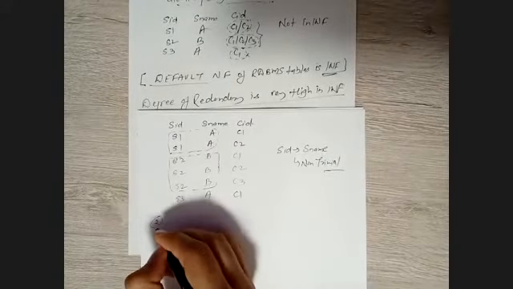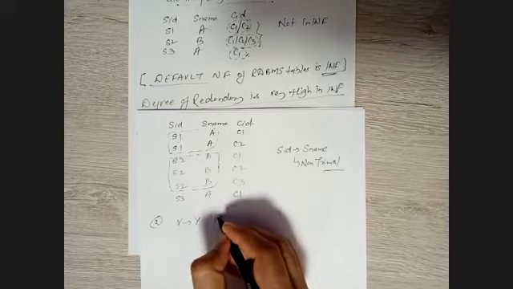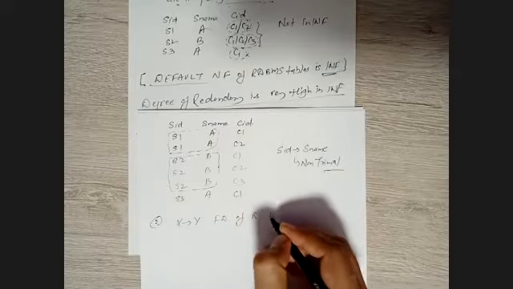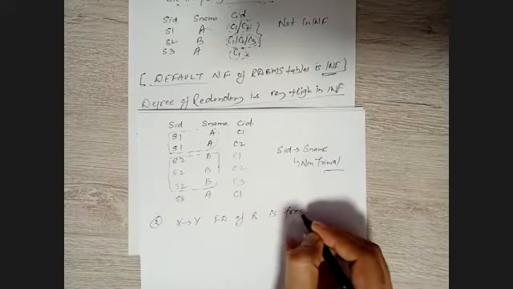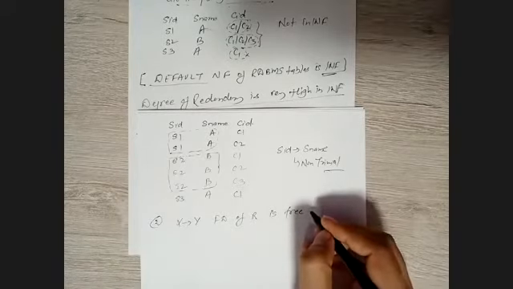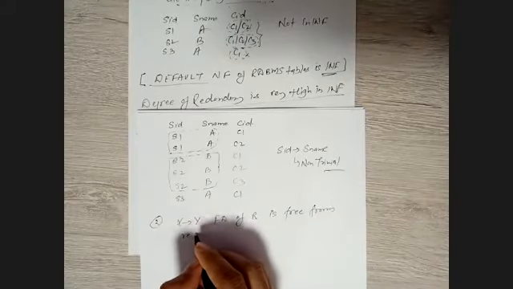The second point to take care of: X determines Y, a functional dependency of the same relation R, is free from redundancy if and only if it is trivial, or X is a super key. Here it is 'or', whereas in the previous case it was 'and'. Every trivial functional dependency is free from redundancy.